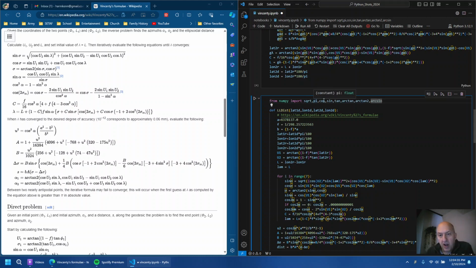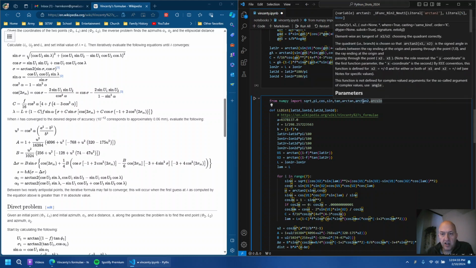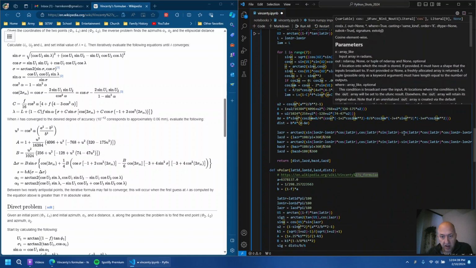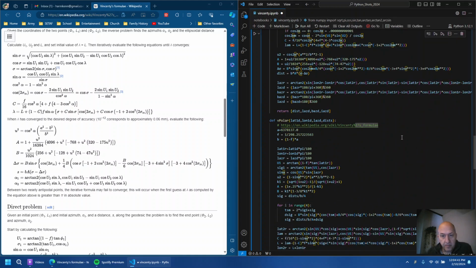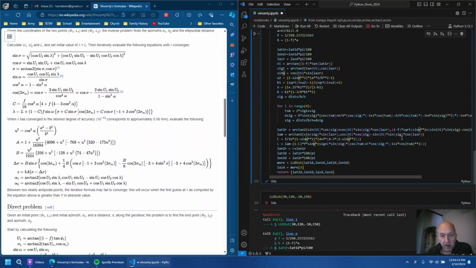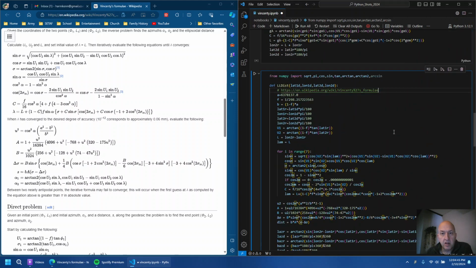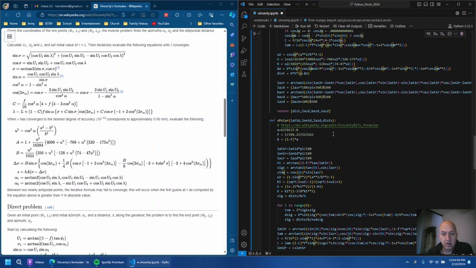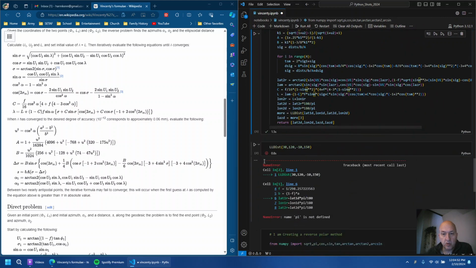Square root, pi, cosine, sine, tangent, arctangent 2, and arcsine. Looks like I'm not using arcsine, but that's okay. Anybody underlined? Okay. So run this again. That's all stored in there.